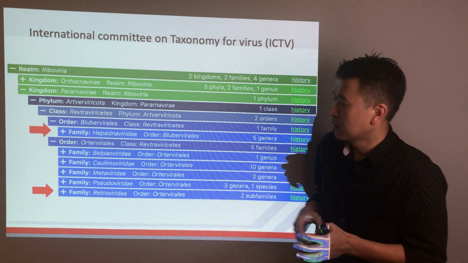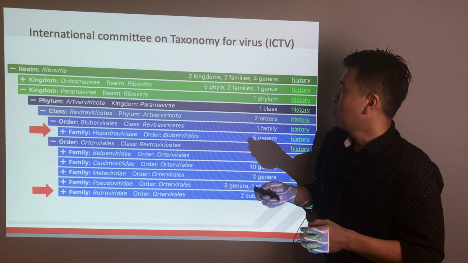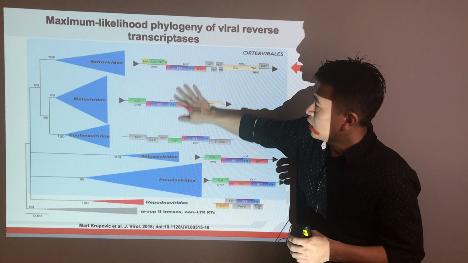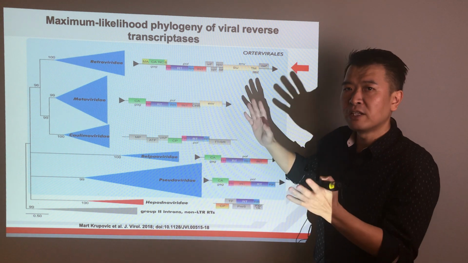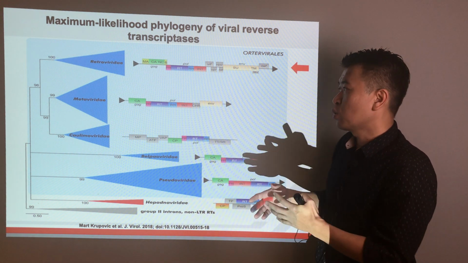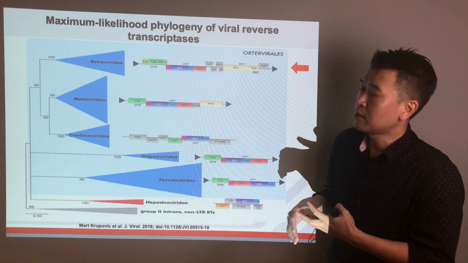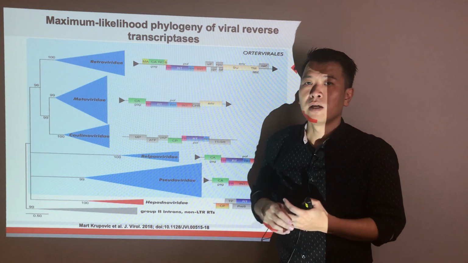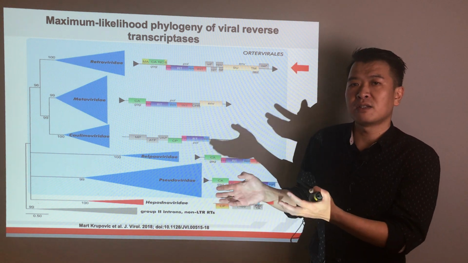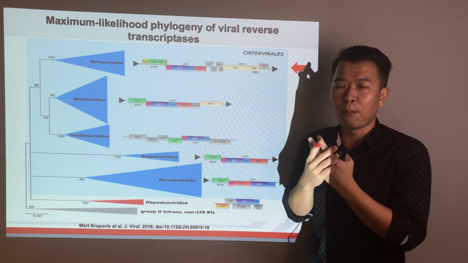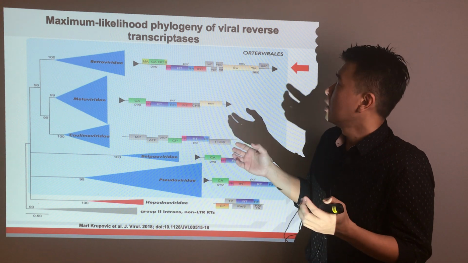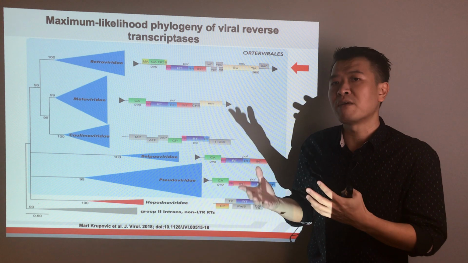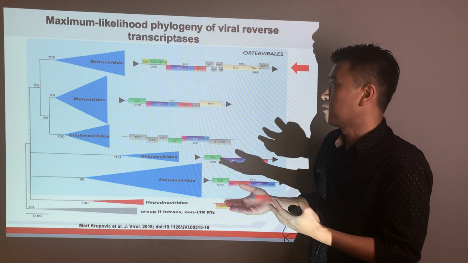Then let's look specifically at the Retroviridae. The classification of the final genetic trees that are being built to help us classify this group of viruses uses reverse transcriptase. Basically, this group of viruses is so distinctive compared to the rest of the viruses, because they have this enzyme that is not found in any other viruses.